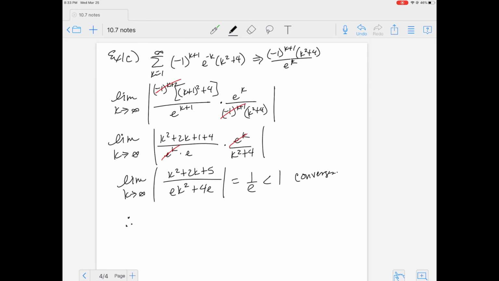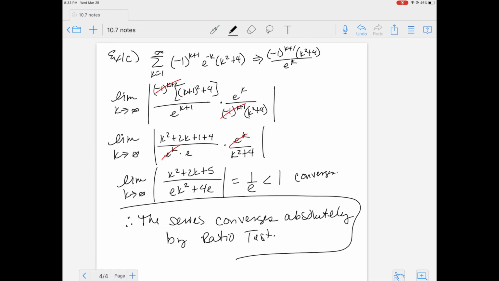Therefore, we can write that the series converges absolutely by the ratio test. Good. So it doesn't always have to have that factorial and that k to the k in order to use the ratio test.